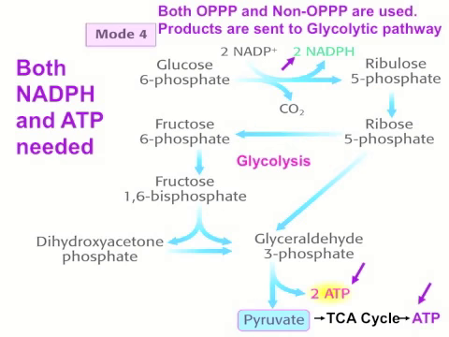So what happens when you need NADPH and energy? You're not going to be able to take glyceraldehyde 3-phosphate and fructose 6-phosphate and go through gluconeogenesis because you need ATP, and gluconeogenesis takes a lot of ATP. It is an energy-intensive process.